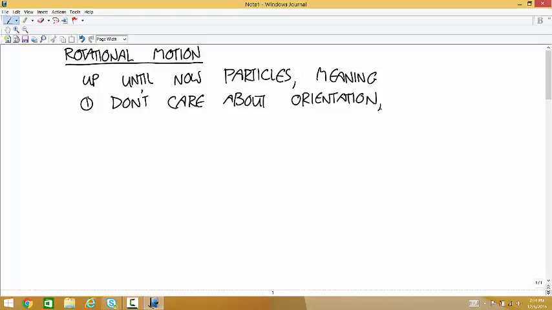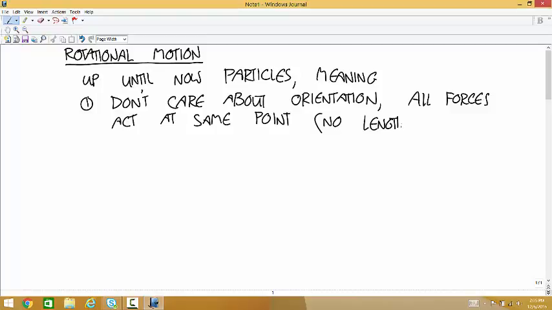There's no distinction between this side and this side. So no length dimensions.